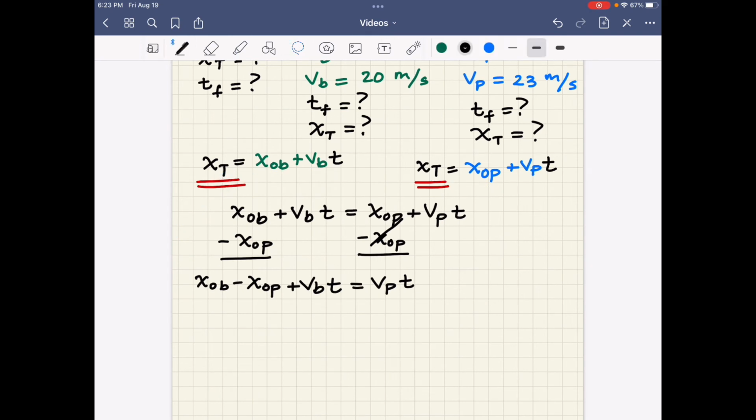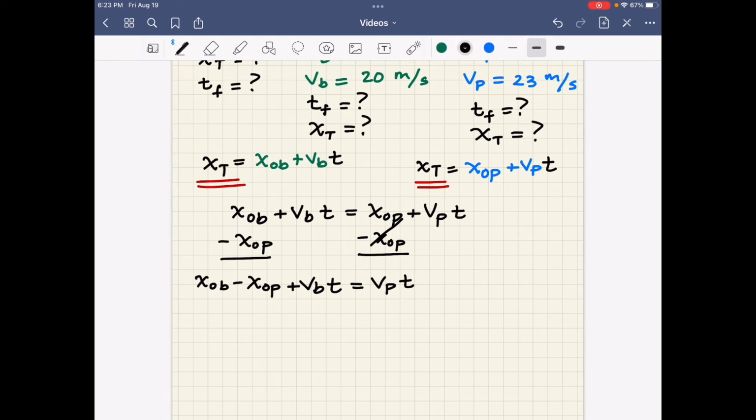Okay, but let me move this so I have a little bit more space. And then this is what we do. We move this velocity to the left, the police, VP t. Now, I cannot split t from velocity of the police yet because that would make everything very complicated. Wait, no, what am I doing? My bad, I don't know why I got distracted.